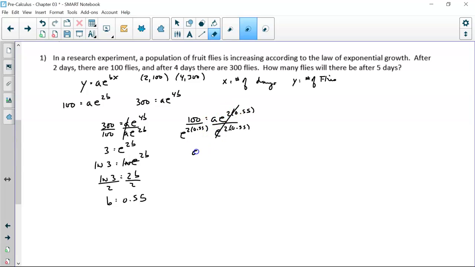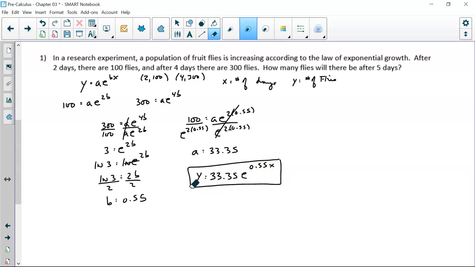So the e cancels. So a equals 100 divided by e to the 2 times 0.55, which is 33.35. So our model, y equals 33.35 times e to the 0.55x.